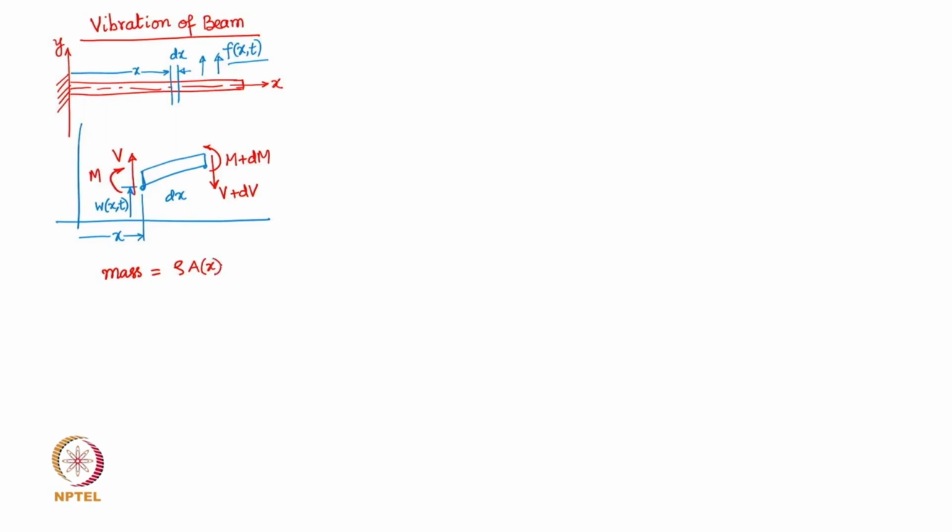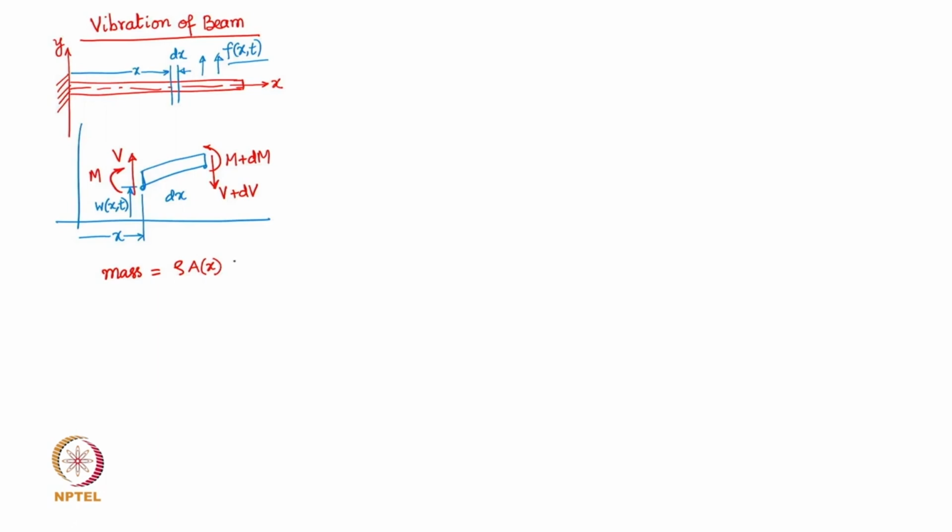So rho is the density of the beam material, and it is assumed constant, but if you want to make it very general, then you can also assume it to be varying with x. But we know that mostly the beams are of the same material, homogeneous throughout its length, so rho can be constant, but the cross sectional area need not be a constant, as it is the case with most turbine blades, where the cross sectional dimensions do vary along the length x.